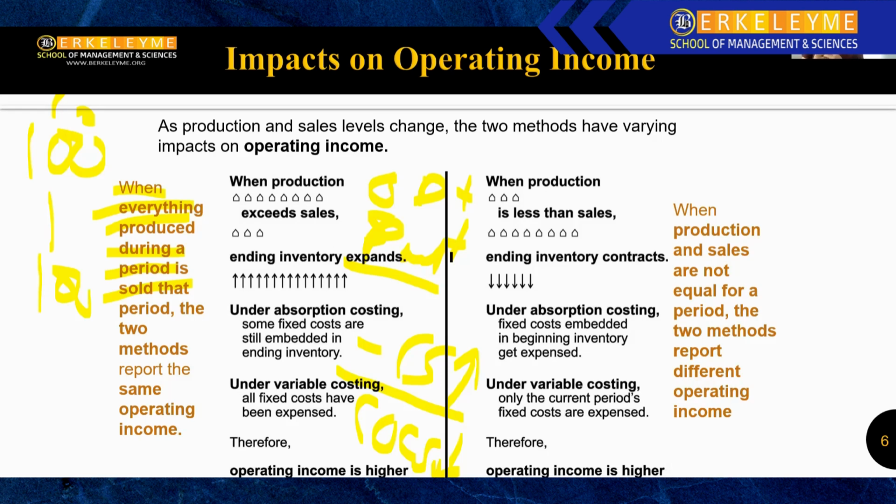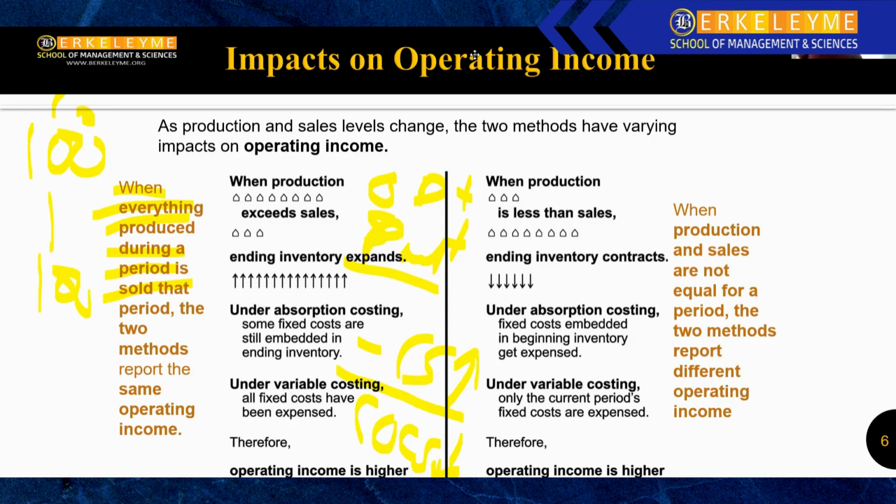If your cost of goods sold is lower, then your gross profit is higher. This is logical because if you just see cost versus profit, if your cost is less, then your profit is more. If your cost is more, then your profit is less. That's the way it works.